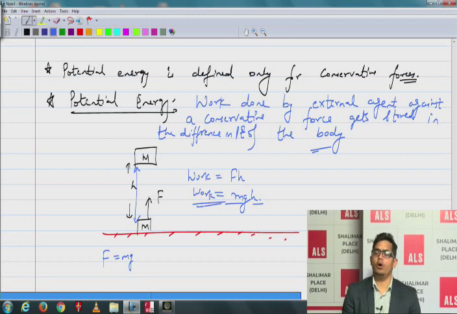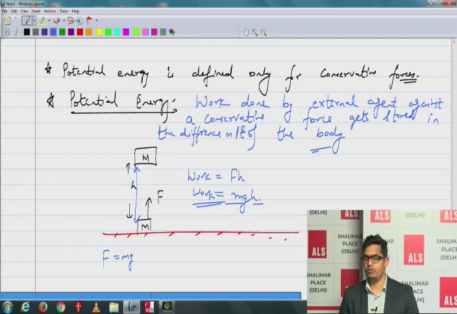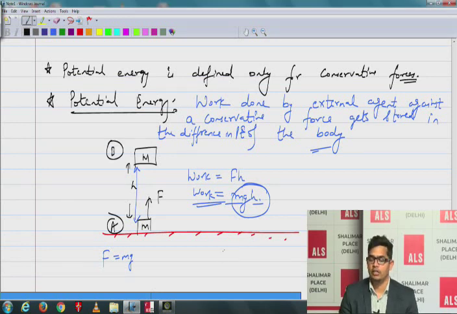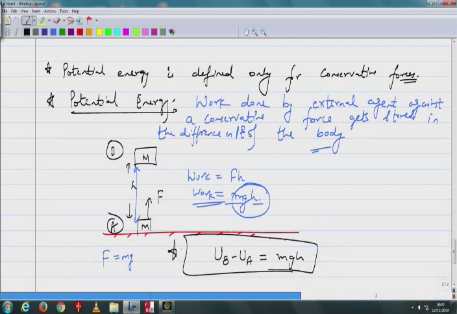So the external force has done work equal to mgh, and it is against a conservative force. So this much is the difference in potential energy between these two points. Suppose this is A and this is B. Then I will write UB minus UA, where U is the symbol of potential energy, equals mgh. Is it clear or not? The same thing will be very useful for class 12th, when we'll discuss electrostatics.